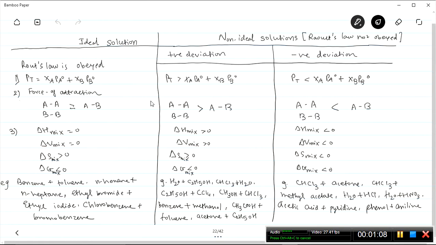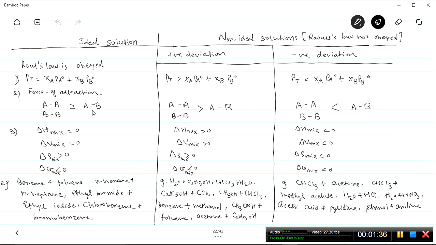Now let us try to examine what is the cause of this deviation and how we can determine which solutions will follow which deviation. So it all depends on the intermolecular force of attraction. In case of ideal solution, the force of attraction between AA molecules and BB molecules is similar to the force of attraction in case of AB molecules.